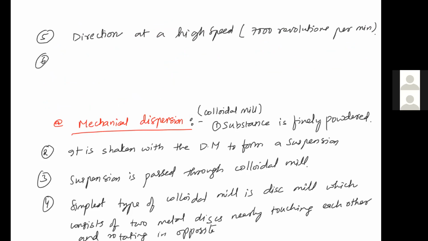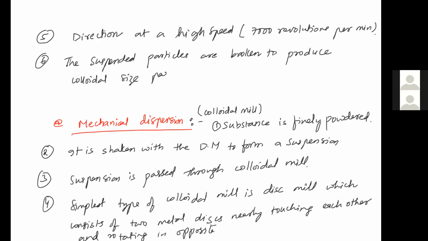Now, the suspended particles are broken to produce colloidal sized particles. This method is used specifically for preparing ink.